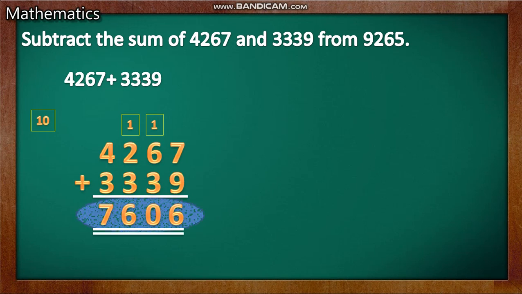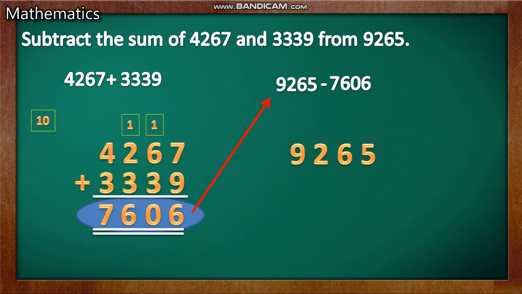That is 9,265 minus this sum, 7,606. Okay, I'm writing 9,265 minus 7,606. At first we have to draw a line.